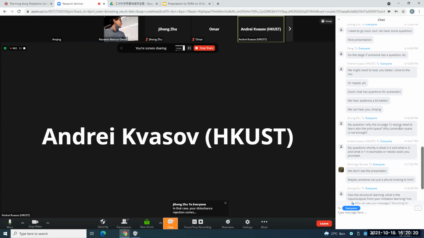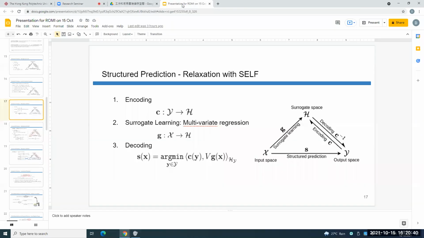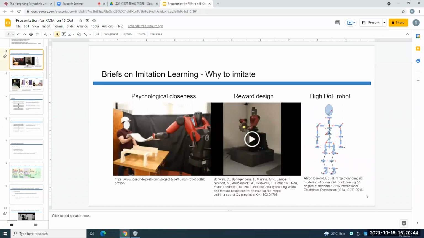On page 12, you need to learn also the joint space. Cartesian space is not enough. Yes, but also, if we go back to the motivation, it's also for psychological reasons.